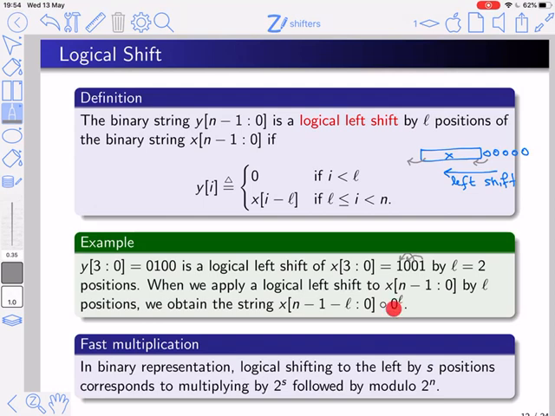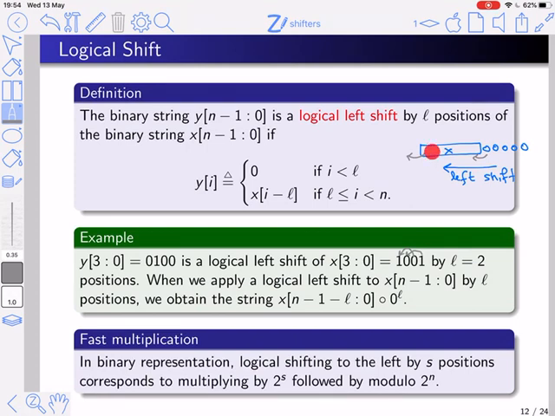So we always know that if you perform a left shift by L positions, you will have in the result of the shifting, on the least significant part, a block of L zeros. Okay? And in fact, in binary representation, logical shifting to the left by S positions corresponds to multiplying the number by 2 to the S. Every time you perform a shift by 1 position, it's like multiplying the number by 2.